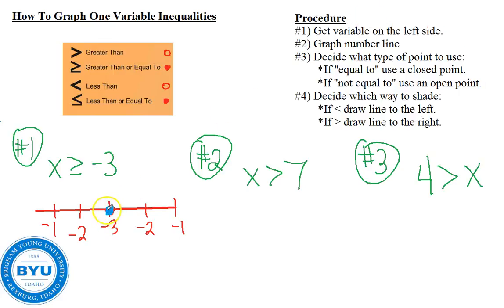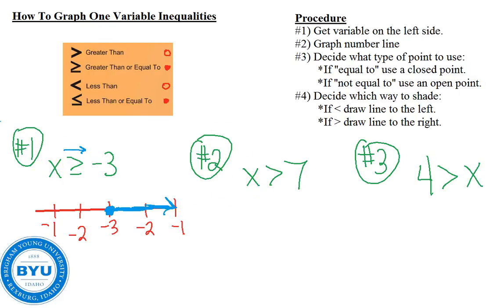Closed dot, and then I need to decide if I'm going to shade to the left or to the right. This is greater than, and when it's greater than, you shade to the right. Another way of maybe thinking of this is you just shade the way it's pointing. Notice how this is pointing to the right. Now that's why it's really important to get the variable on the left side, because this rule would only work if x is on the left side. Okay, cool.